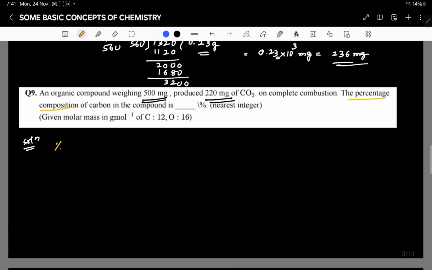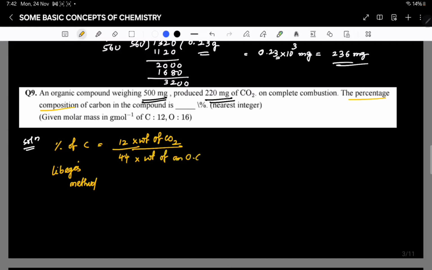So we have the percentage of carbon according to the Liebig method, student. Percentage of carbon is equal to the atomic mass of carbon divided by 44, into the weight of CO2, divided by the weight of the organic compound, into 100. That's it.